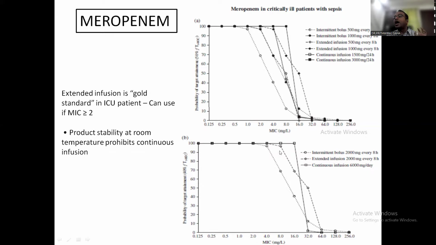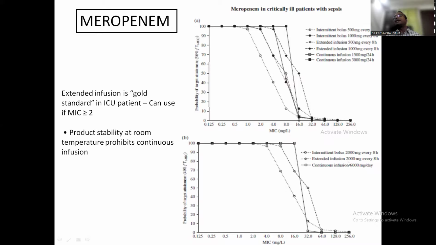We need to attain these PK/PDs in 90% of the patients. These are done in laboratories. So if the MIC is 4 to 8, you can attain it with a bolus of 2 gram TDS. When you make an infusion, this dot shifts here and comes between 8 to 16.